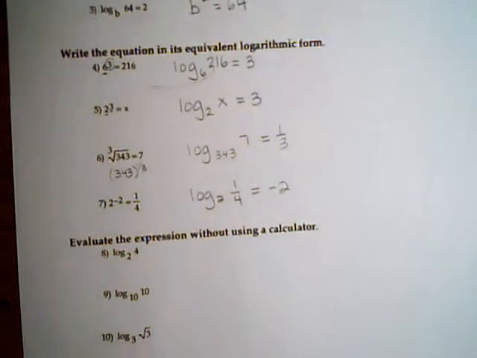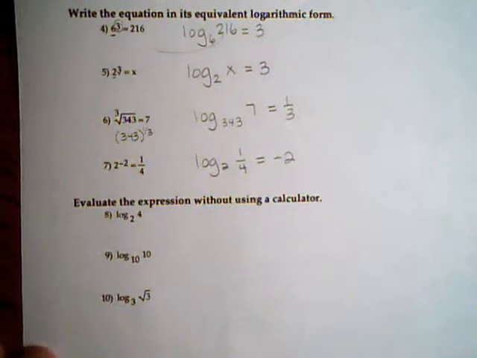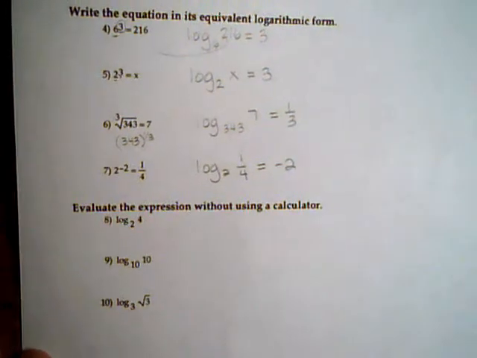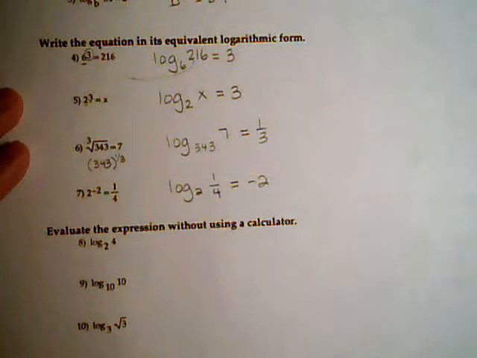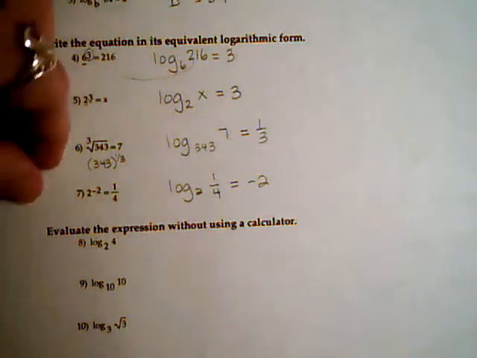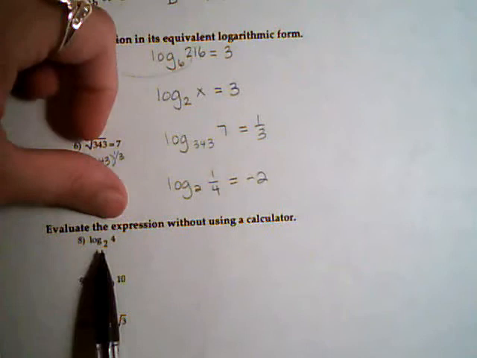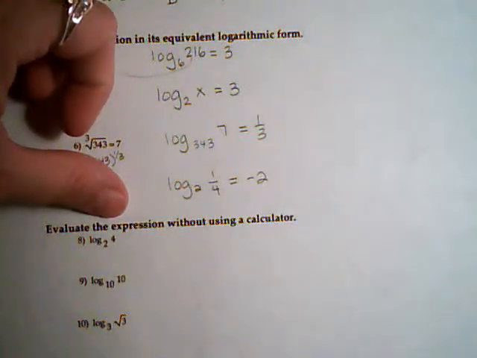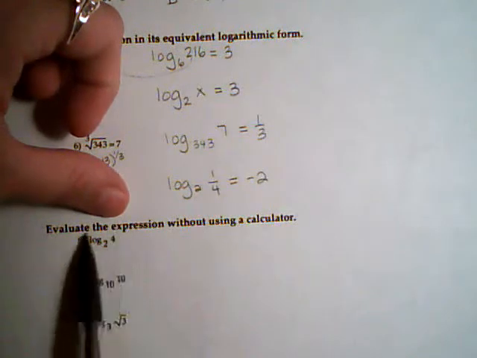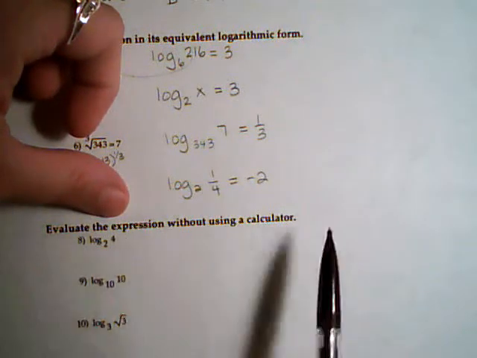On 8 through 10, they're asking you to evaluate the expression without using a calculator. You do have the log functions available on the calculator, which we'll talk about later on. It says to evaluate log base 2 of 4. Here's what I need to be thinking: this is equivalent to an exponent.